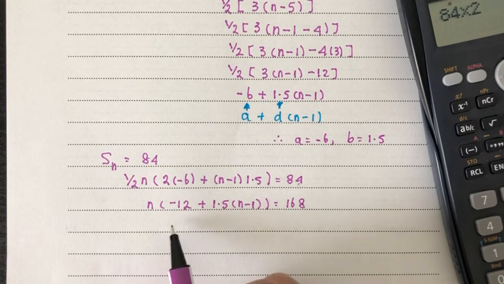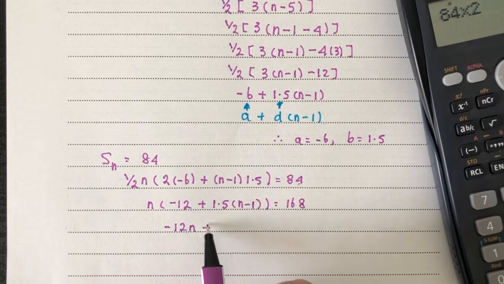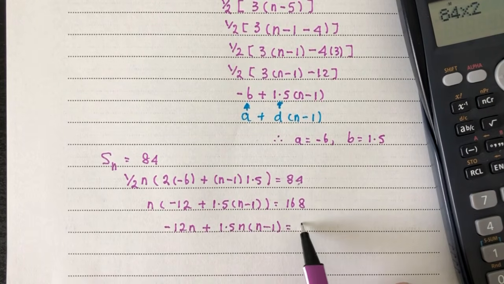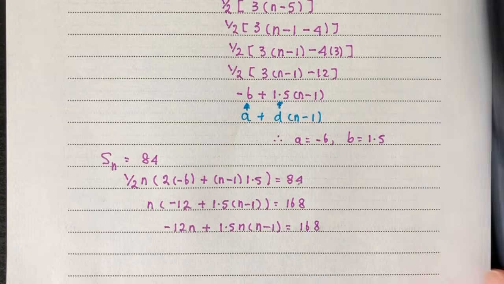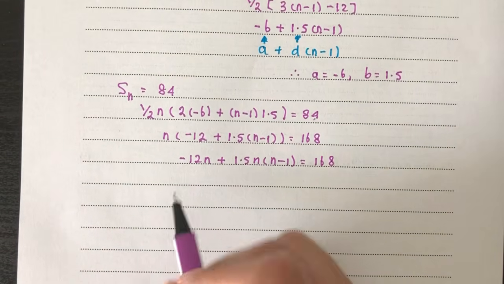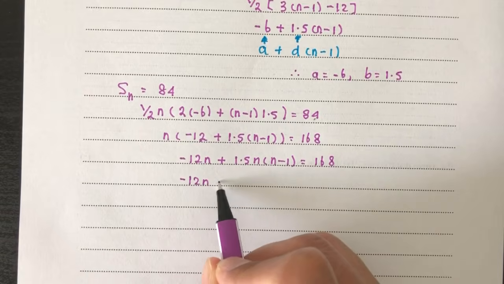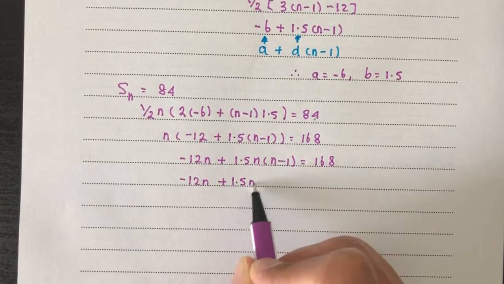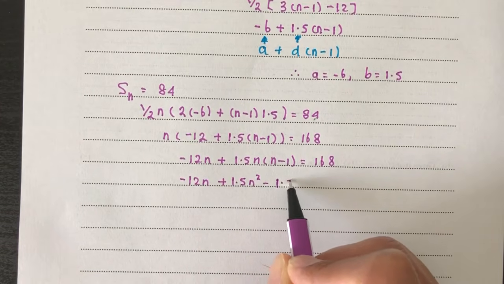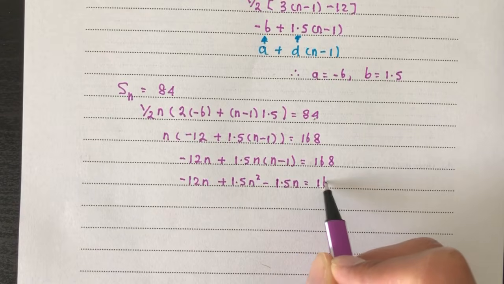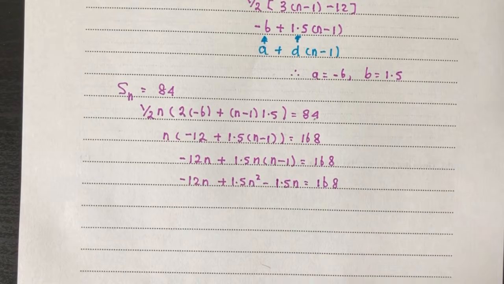Now if you expand the brackets, you will have minus 12n plus 1.5n times n minus 1 equal to 168. So next step, we can expand the brackets. You will have minus 12n plus 1.5n squared minus 1.5n equal to 168. So now again we have to simplify.